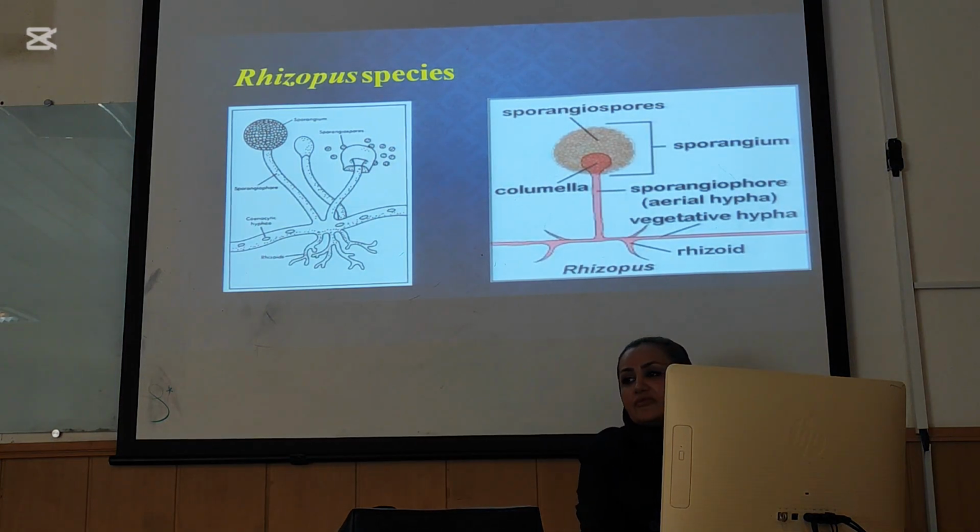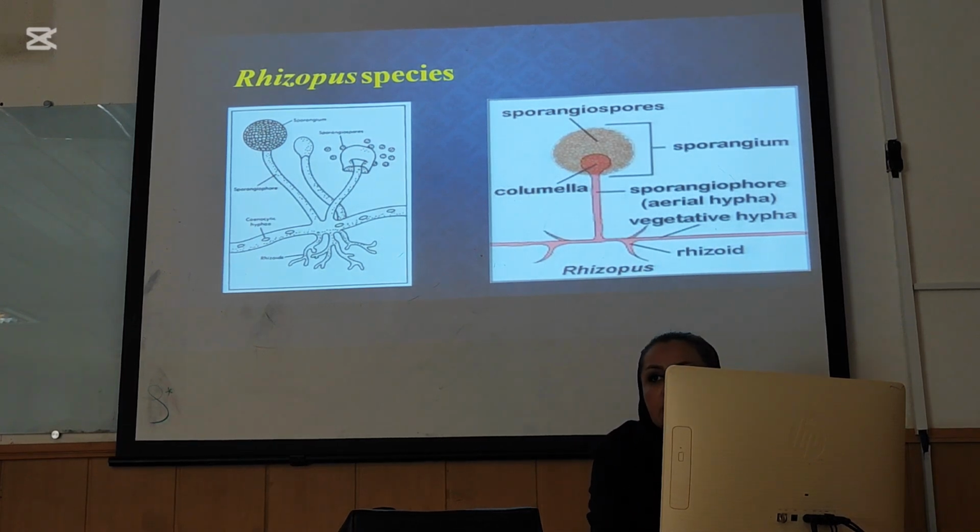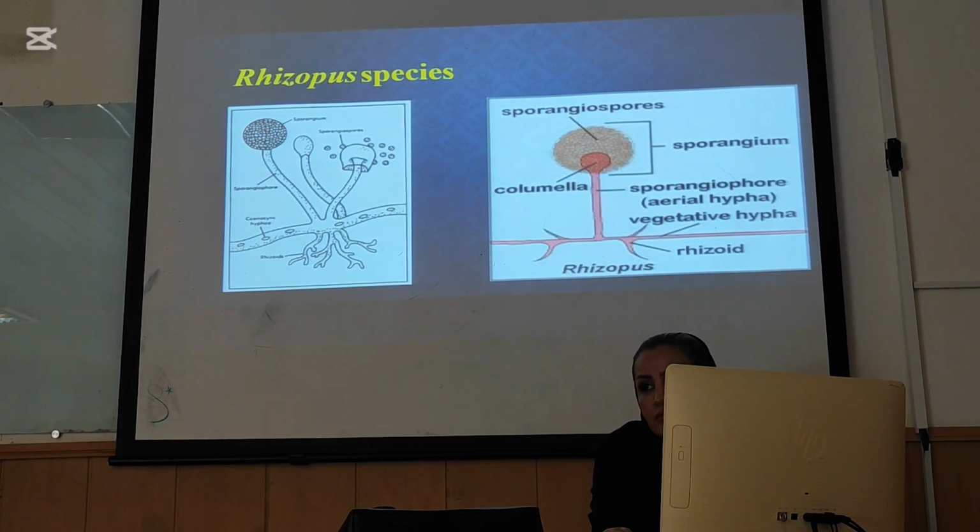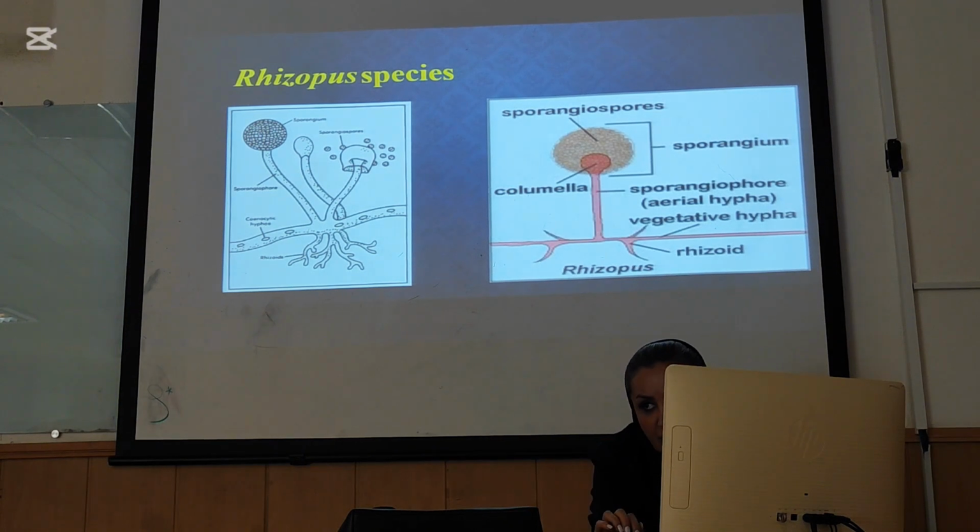Another type of saprophytic fungi are the fungi that have no separate hypha. Two special species of these fungi are mucor and rhizopus. They are very similar, but in rhizopus we have a rhizoid, and in mucor we don't have any rhizoid.